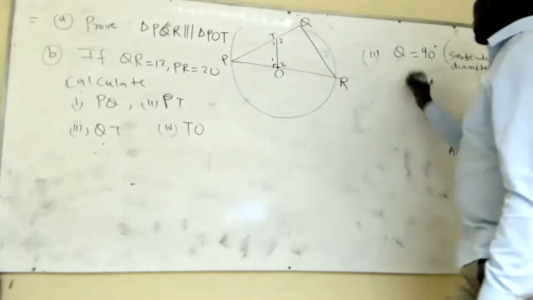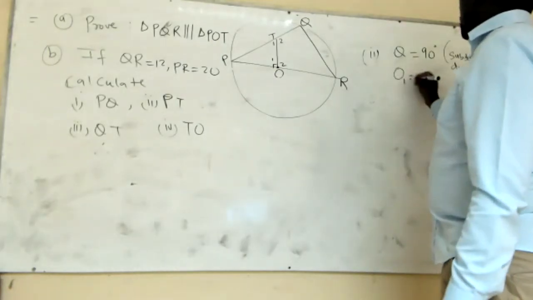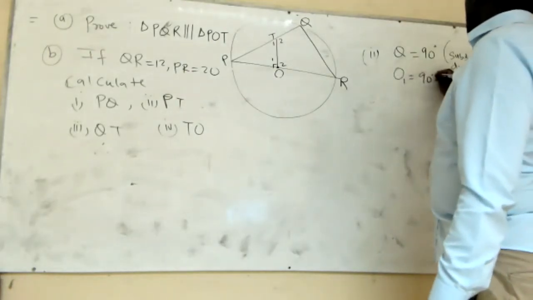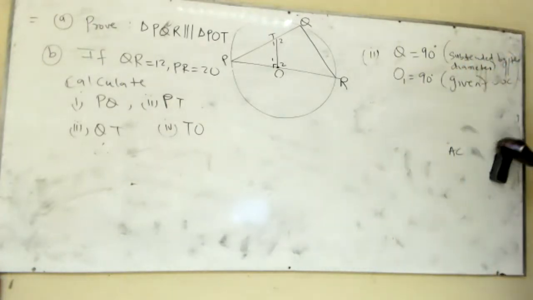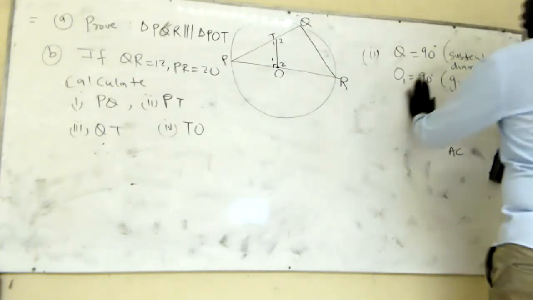And then again, we are given angle O1, which is 90 degrees. So you need to indicate that this is a given angle. So you just write given. Okay, which other information do we have from this diagram? Because we're supposed to have three pieces of information with regard to this.